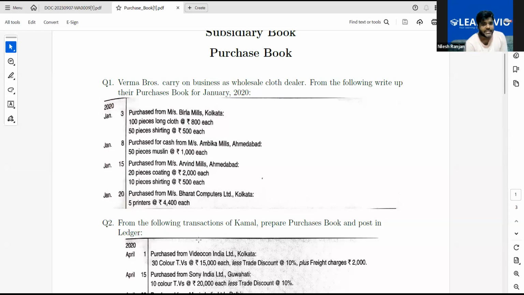No, because it is purchased from Messrs. Bharat Computers Limited. 5 printers we are purchasing. Printers is like machinery, a computer item. It is not our goods. We are not dealing in computers. So it is an asset for us, not goods. That's why we will not record this transaction in the purchase book.